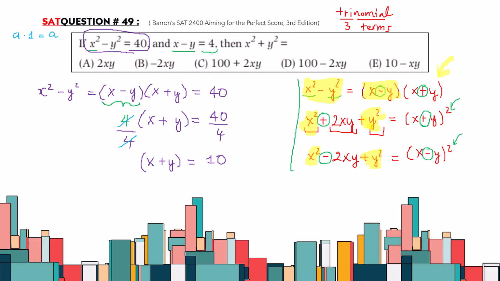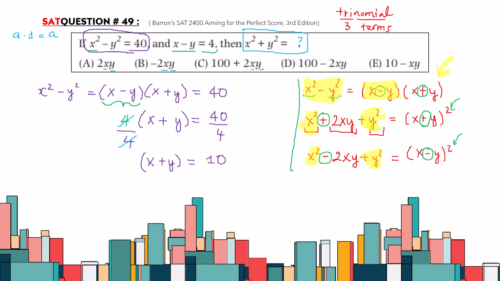So we have that. Why do we have to find the x plus y value? We don't have to find exactly what x is and what y is, since the answer also includes x and y. We don't necessarily need to find x and y, because the question is just asking what is x squared plus y squared.